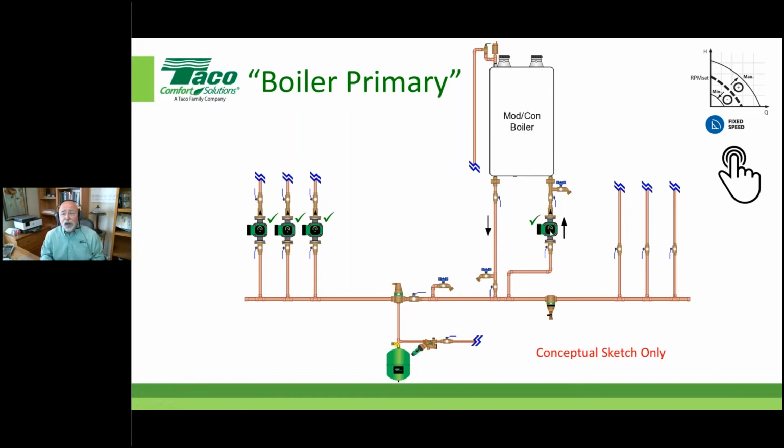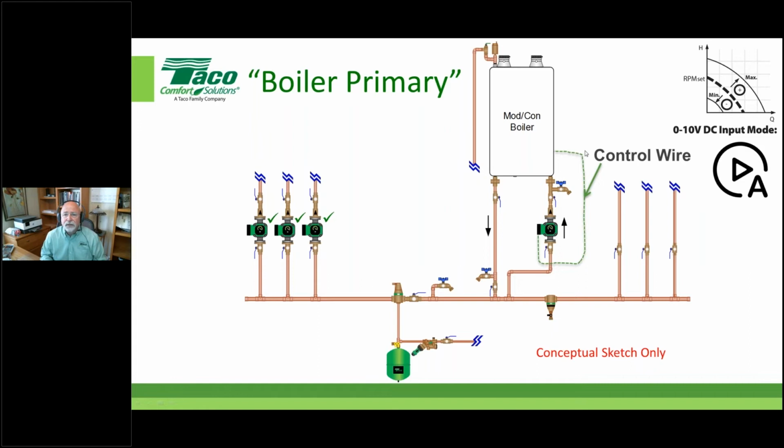Now, some of the manufacturers out there will give you a control signal to specifically control that circulator, to change its speed based on something inside the boiler's control. A lot of people use good old temperature differential. Some have used fan speed. Some people have done maybe something different or a blend of those two things.